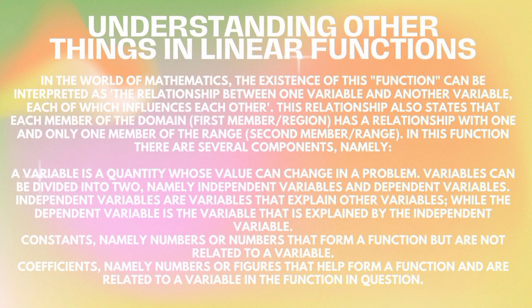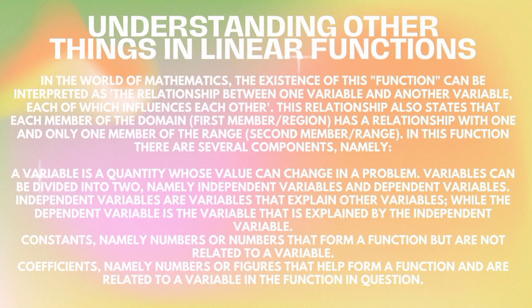In this function, there are several components. Namely, a variable is a quantity whose value can change in a problem. Variables can be divided into two, namely independent variables and dependent variables. Independent variables are variables that explain other variables, while the dependent variable is the variable that is explained by the independent variable.